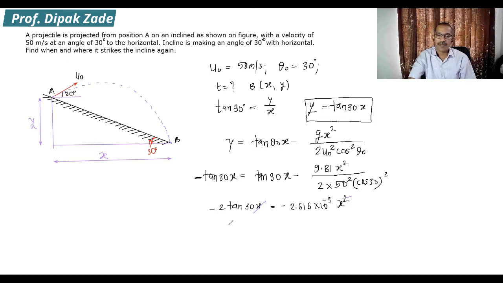Using the calculator, first minus minus gets cancelled, and we get the x value. If we calculate, this comes out to be 441.4 meters.